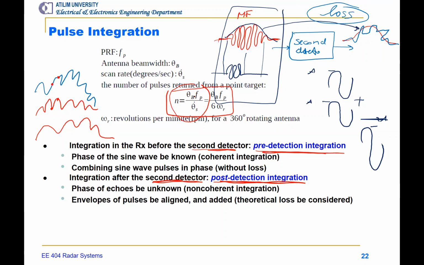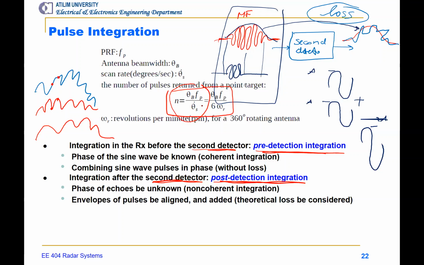The antenna beam width times PRF divided by the scan rate will give you the number of pulses from a point target. Point target, be careful. For a realistic target, it could be quite different. But a point target somehow models our system. Once we understand the point target, we can extend this to other types of targets. So that's the simplest case.